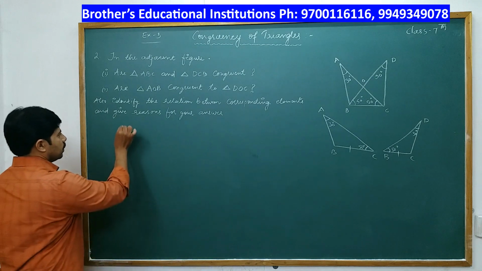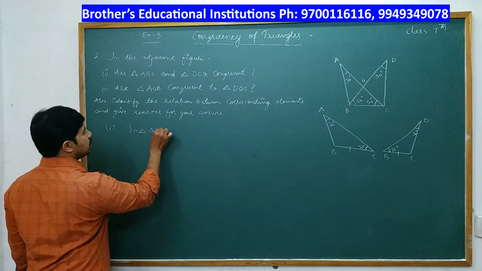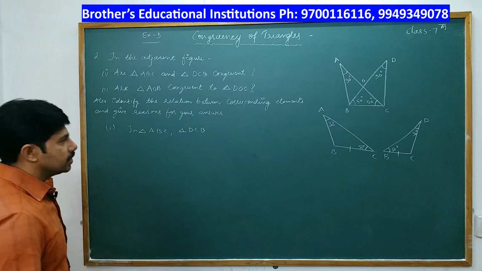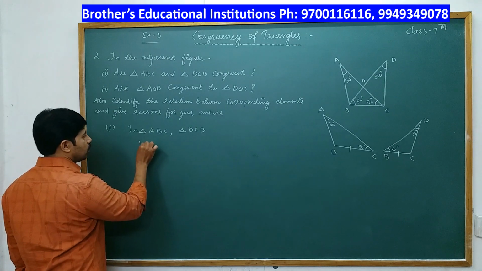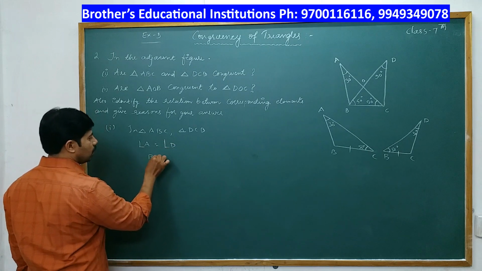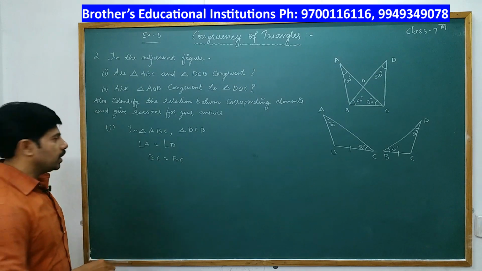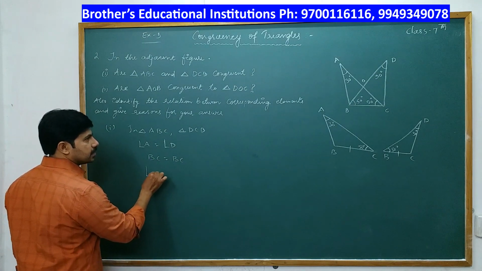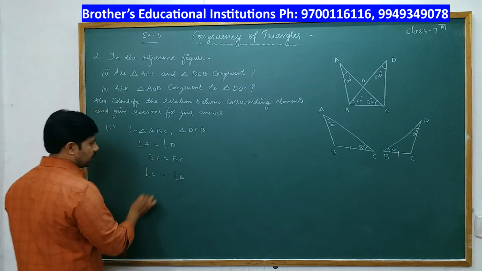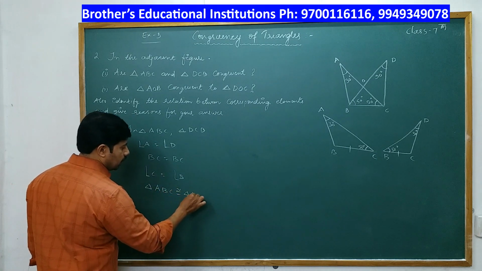So we write the first one, in triangle ABC, triangle DCB, they are congruent. So just we write the reasons. Angle A is equal to angle D, then BC is a common side, angle C is equal to angle B. So we say the triangle ABC is congruent to triangle DCB.